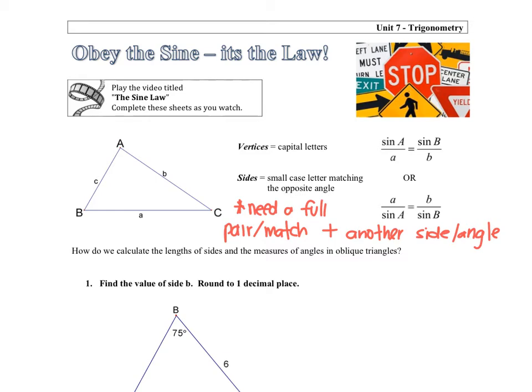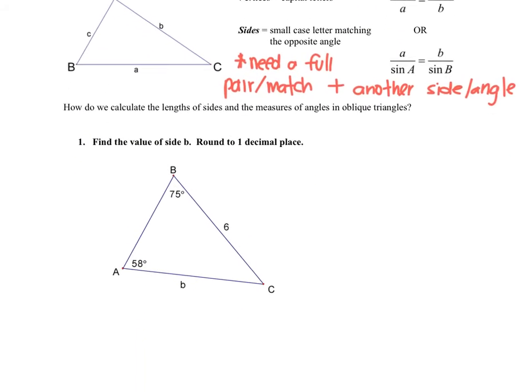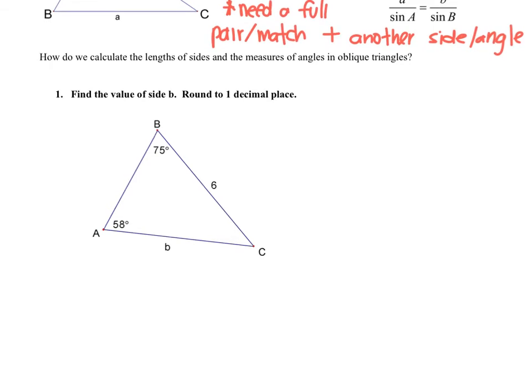Okay, so let's try this out. I'm going to start off by labeling. Angle B goes with little b, angle A goes with little a across from it, angle C goes with little c directly opposite it. Do I have a full pair? Yes, my full pair is the A's.